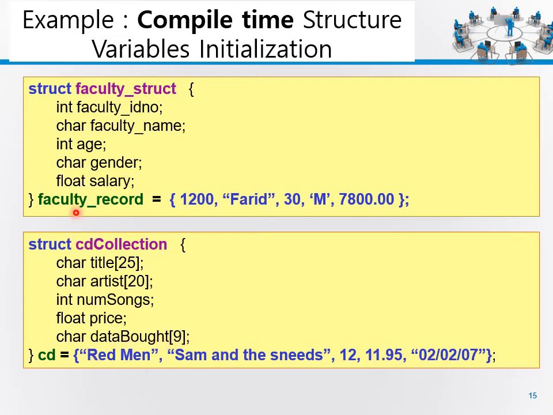So remember, you need to include the equal sign and the curly braces, separating all the data with commas. If it's a character string, you need to add the double quotation marks, close it with the curly braces, and end up with the semicolon. Don't forget the semicolon here.